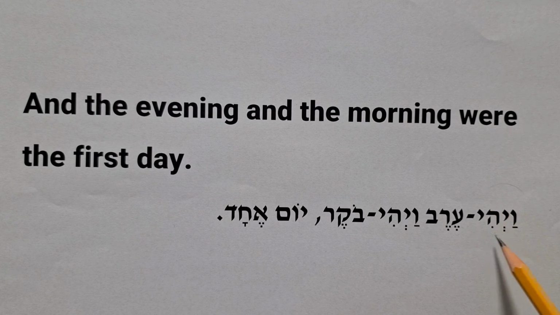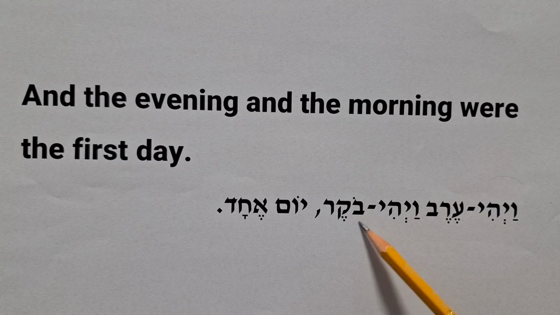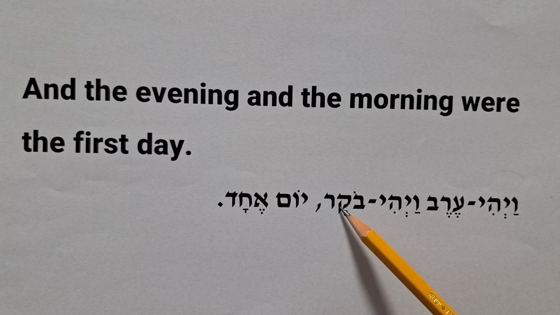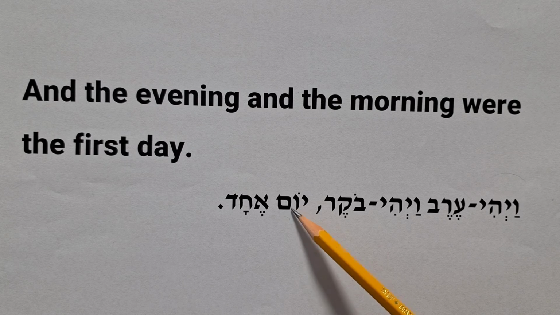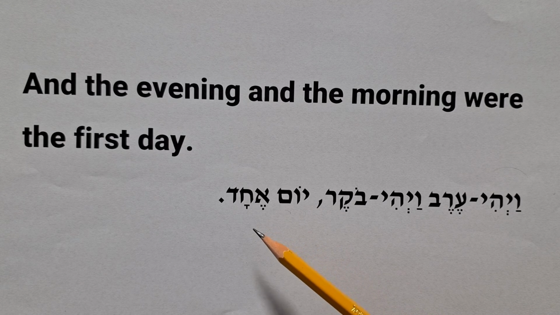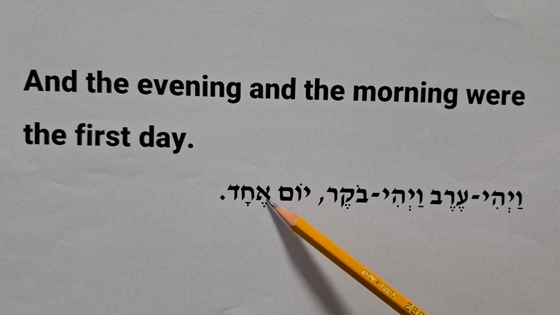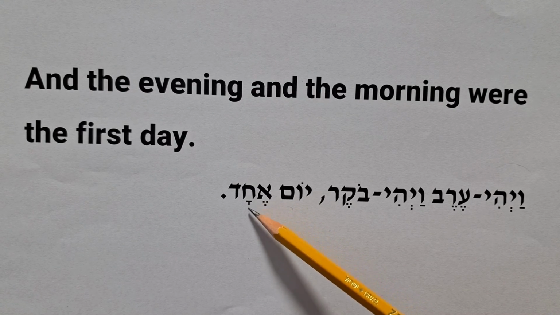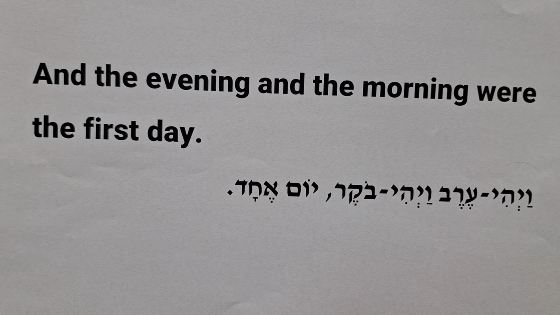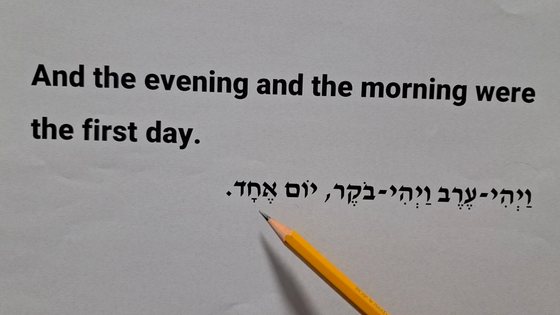Vayhi, again the same thing, vayhi voker, morning, no dagesh, so it's vo, right? The o, kof with segol, voker. Yom, yod, cholam male, yom, echad, first day. Echad is one, and it's also first. So aleph, segol, chet with kamatz, cha, and daled, echad. Vayhi erev, vayhi voker, yom echad.